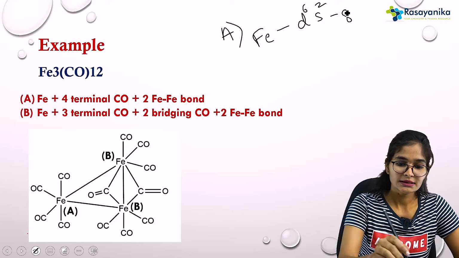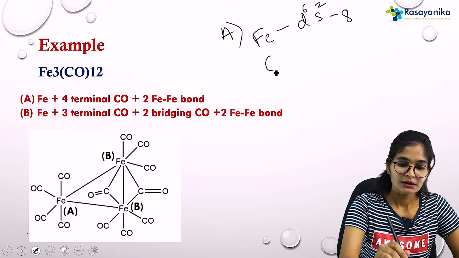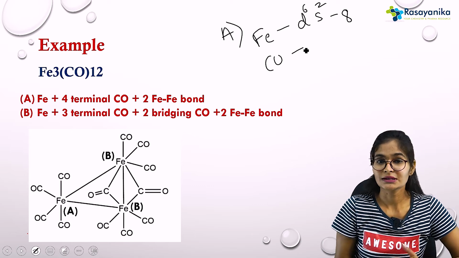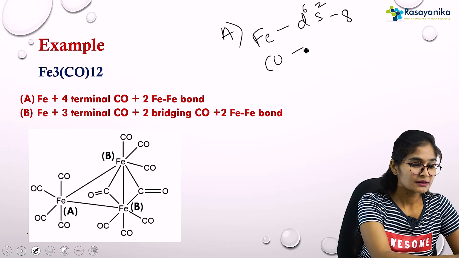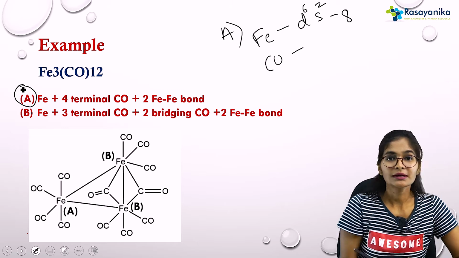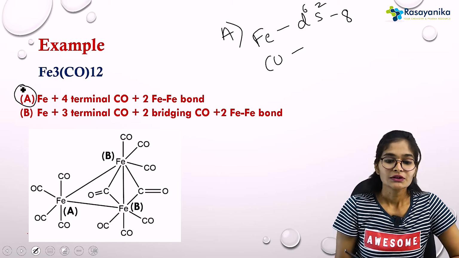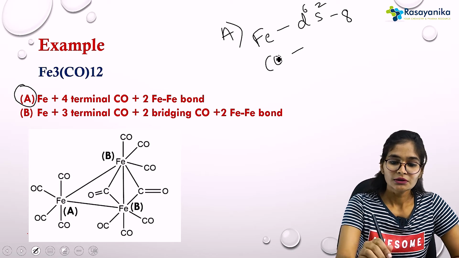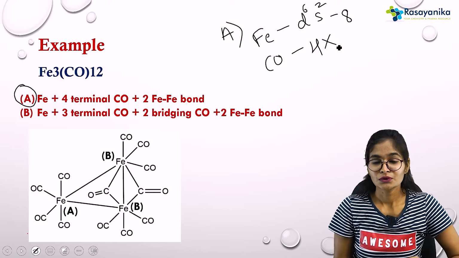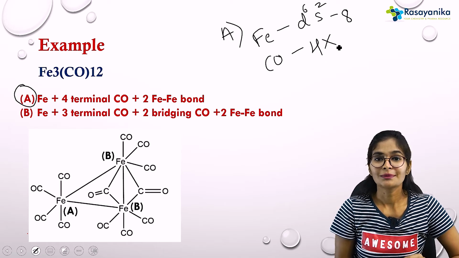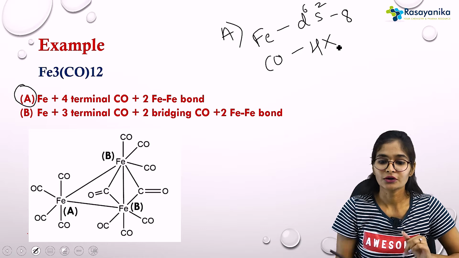Then coming to the next, where you have your carbonyl, right? So you are considering the part A unit of the structure. So in A, you have the carbonyl groups, 4 of them, and they are terminal. Always we know that a terminal carbonyl group will always contribute 2 electrons each.